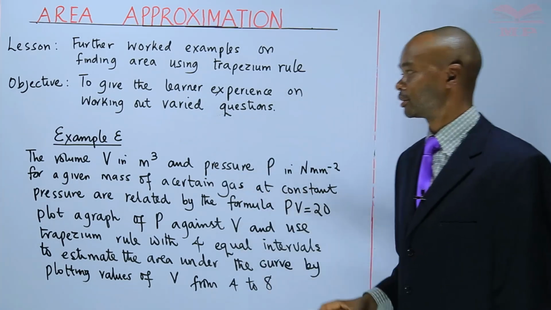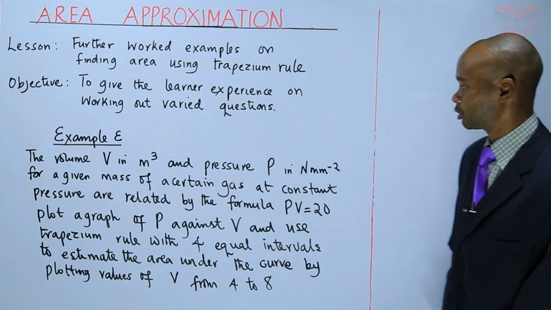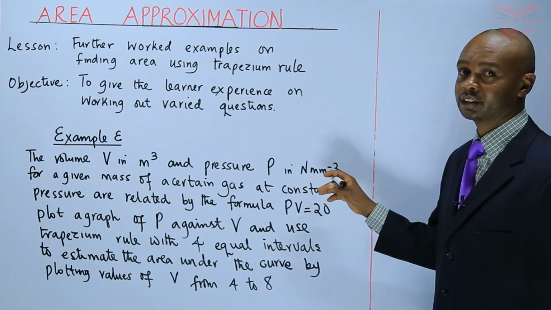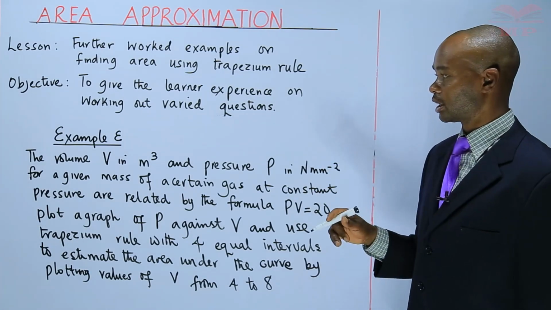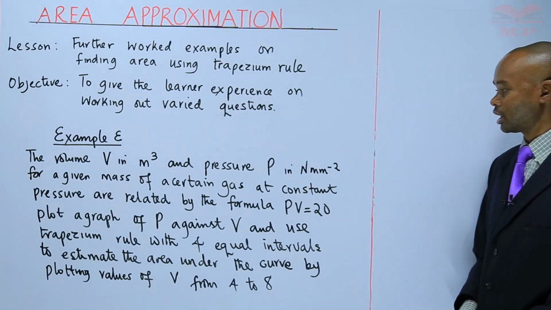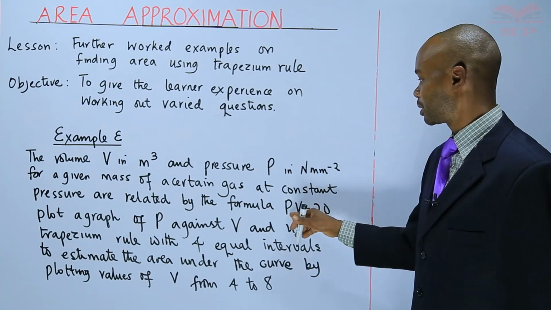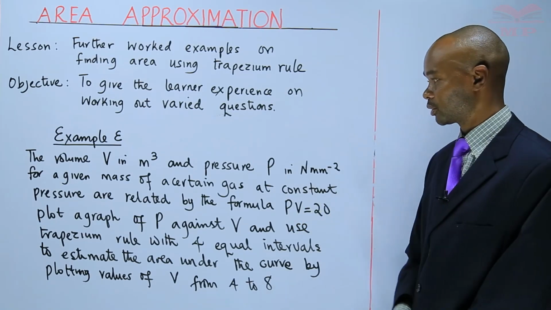So I read: the volume V in meters cubed and pressure P in newtons per millimeter squared for a given mass of a certain gas at a constant pressure are related by the formula P times V is equal to 20.